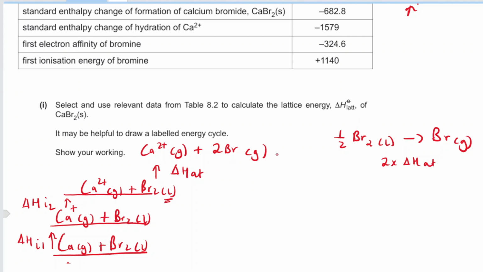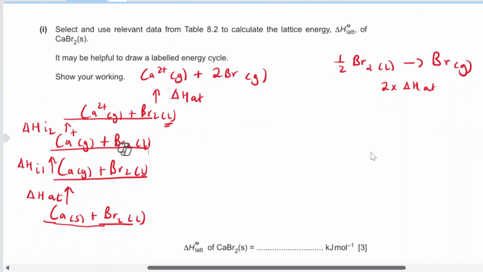So that's why we can't use bond energy over here. Like, CIE, they are trying every way to make you fail. But that's how it is basically. So if you have a liquid and you want to go into gas, you use atomization. Right? But if you had a gas here as a reactant, then you will use the normal bond energy. Right, so let's continue.